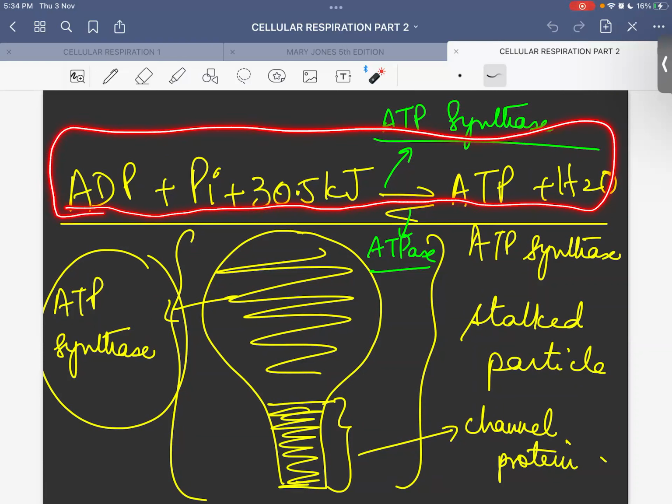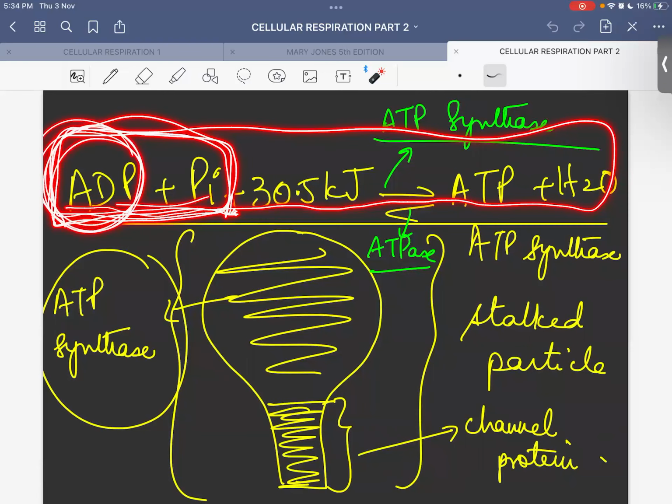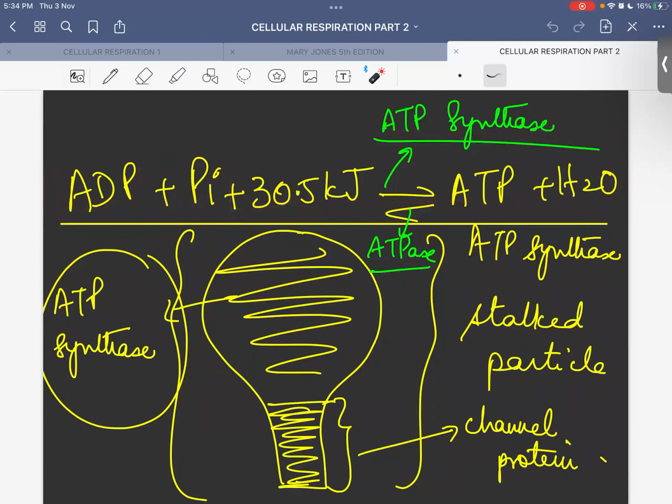Phosphorylation. कल बताया था ना phosphorylation क्या है? हाँ, आपने explain किया था कि phosphorylation is like another form of that. हाँ, phosphorylation को अगर literally define करना है तो it's the addition of inorganic phosphate to an organic compound. तो ये एक organic compound है, इसके साथ inorganic phosphate लग रहा है, मतलब वो combine हो रहा है, तो that's phosphorylation. So ये condensation भी है, ये ATP synthesis भी है, ये phosphorylation भी है.